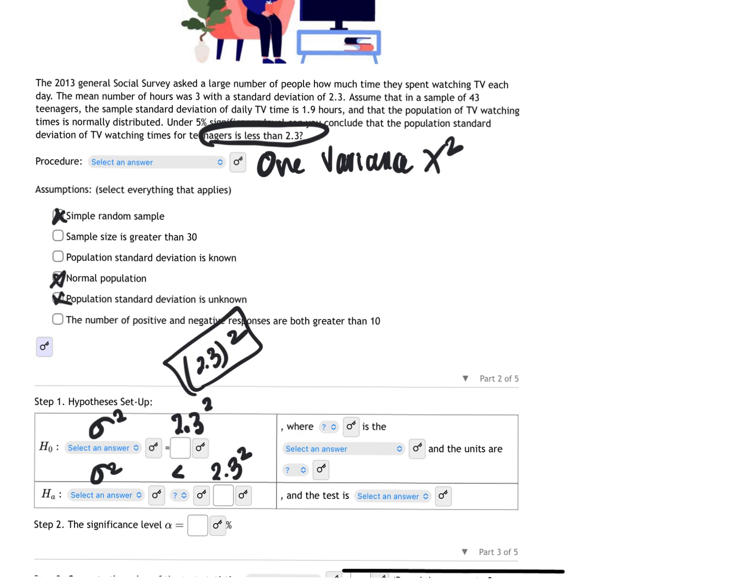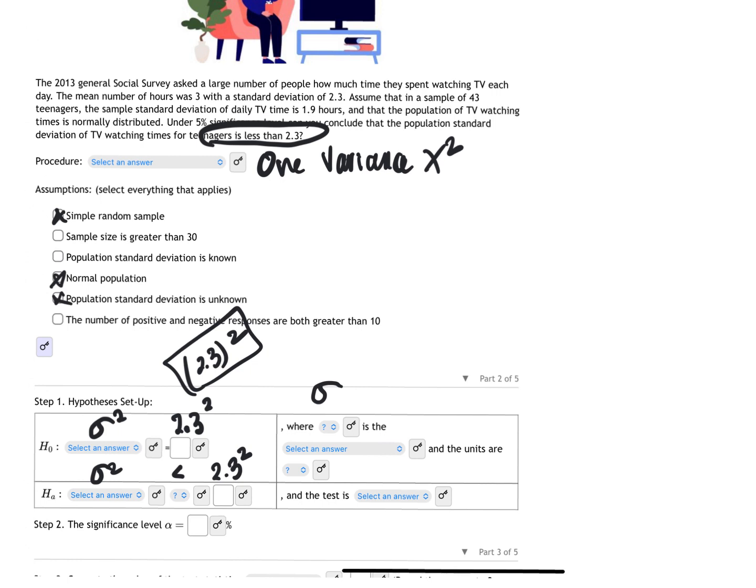Where sigma is the population standard deviation, and the units are in hours.